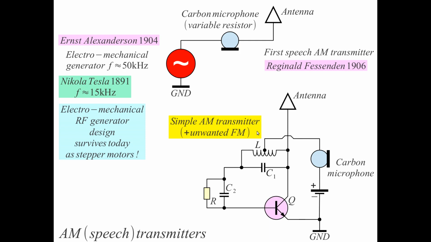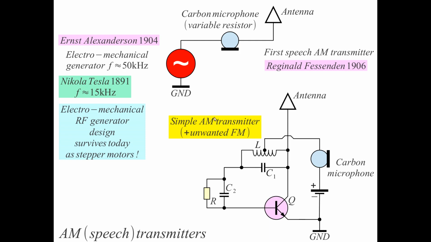So a simple amplitude modulated AM transmitter built today is just a single oscillator modulated by a microphone. Because this microphone is changing the voltage to the oscillator, also the parasitics of the transistor change, so we also get unwanted frequency modulation besides the amplitude modulation.